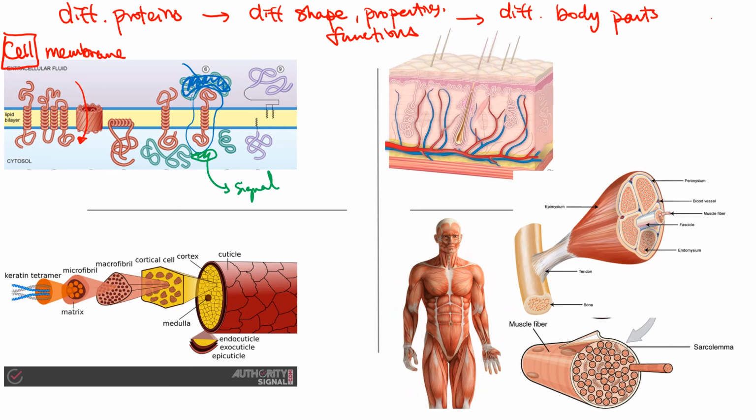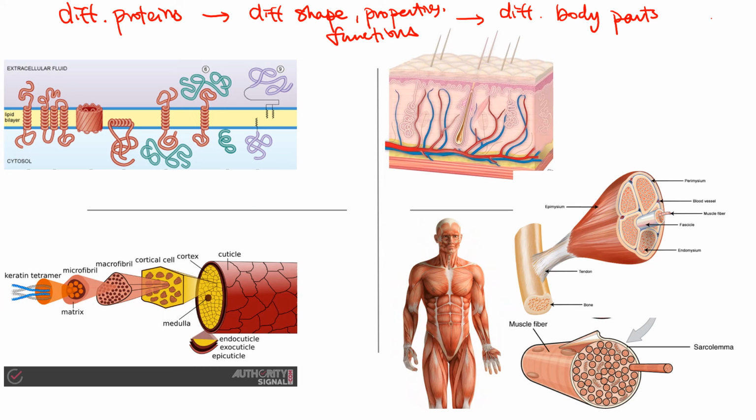We call this a transport protein, and this is a receptor, or communication protein. Now, never mind the name. The key is not these names. The key is the concept that different proteins with different shape have different functions. So that's picture number 1.